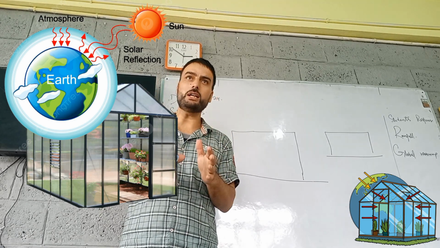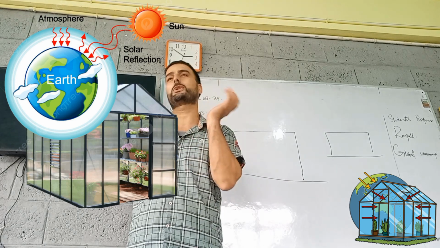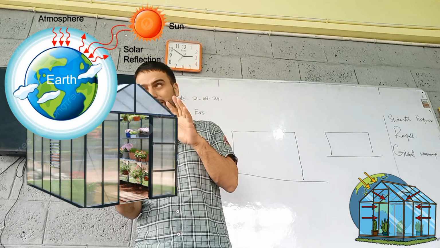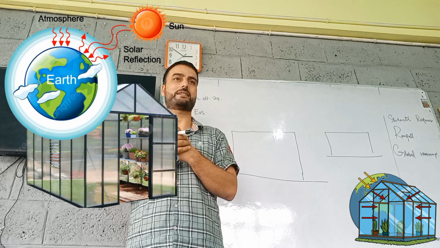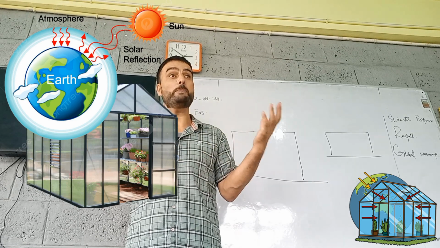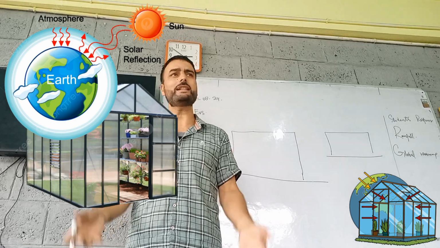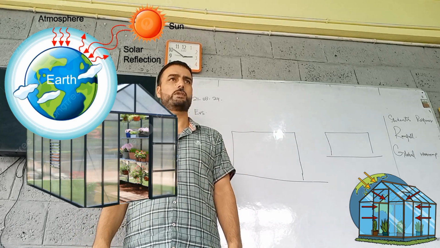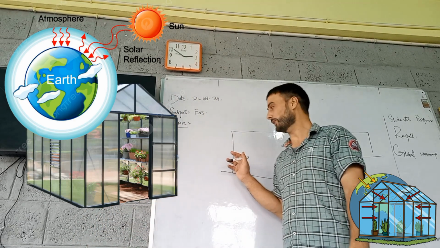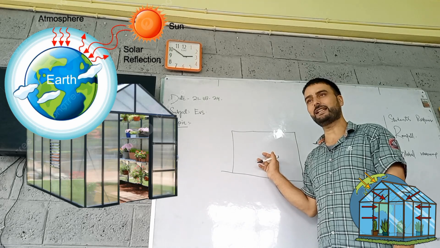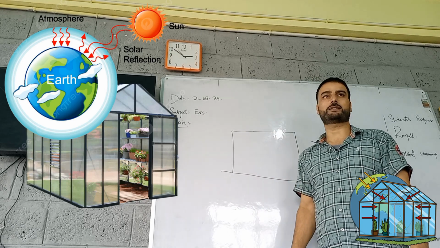If there is a higher temperature, crops will grow more. If the temperature is less, crops will also be less. Why do plants grow more and more in Punjab? There is high temperature. So this greenhouse is also used to grow plants. Sir, how? I will tell you the mechanism.